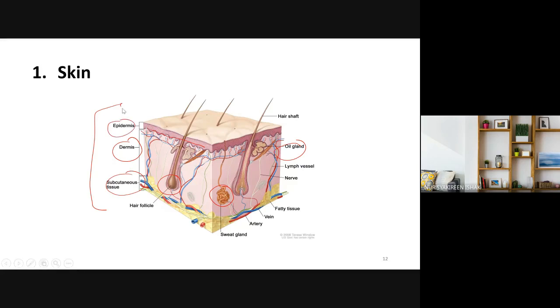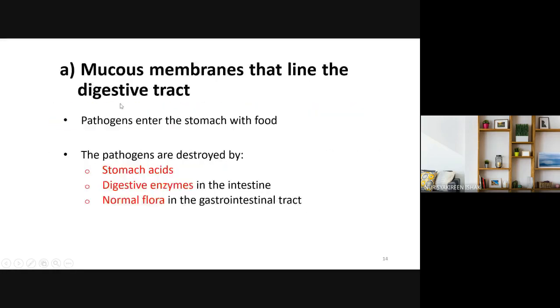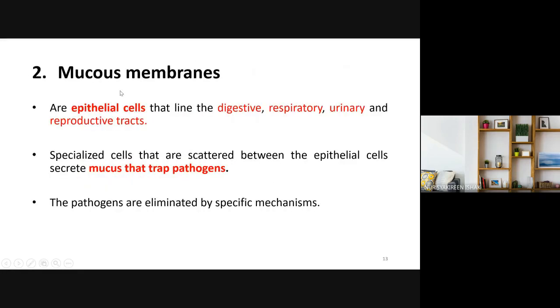Okay, so next, the mucous membrane. Tadi yang first tadi skin kan? Second is the mucous membrane. So mucous membranes are epithelial cells that line the digestive, respiratory, urinary, and reproductive tract. Okay, so these systems, obviously it is lined by epithelial cells.